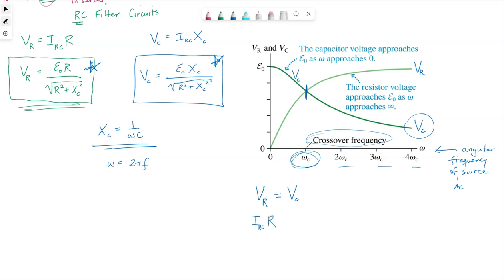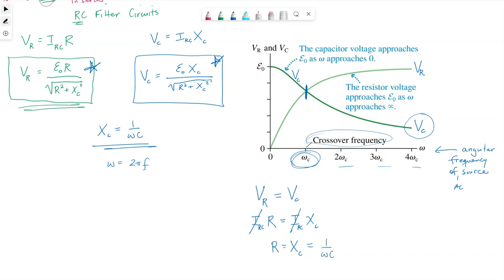The peak voltage will be that peak current times resistance. The peak voltage for the capacitor will be the peak current times its capacitive reactance. But again, we're specifically talking about them in terms of being in series. So this crossover frequency represents when the resistor's value is equal to the capacitive reactance.